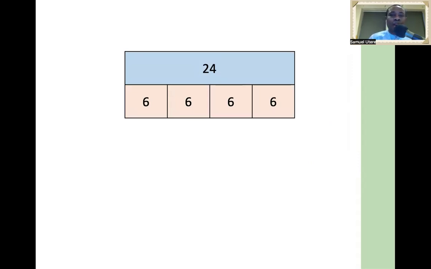Let's look at this calculation. What known facts can we write from this bar model? Well, there are different known facts that we can write from this bar model. We can see that this bar model can be represented as 4 lots of 6, or 6 lots of 4 equal to 24. What about this one?